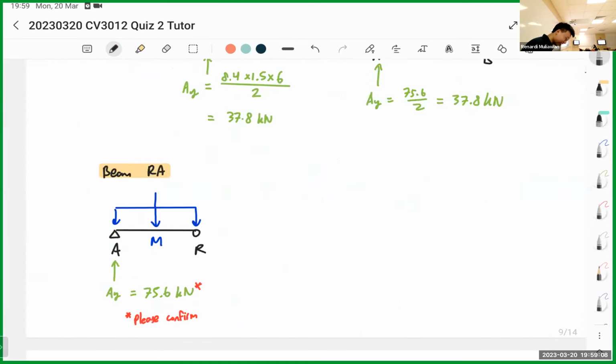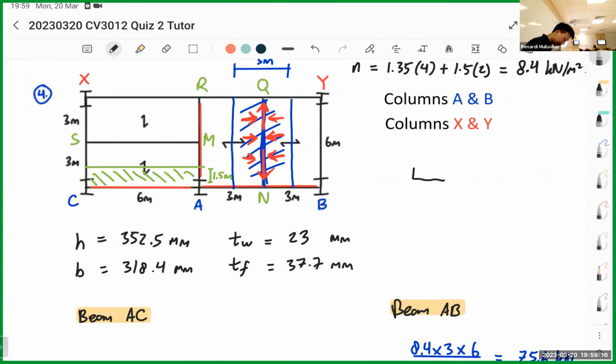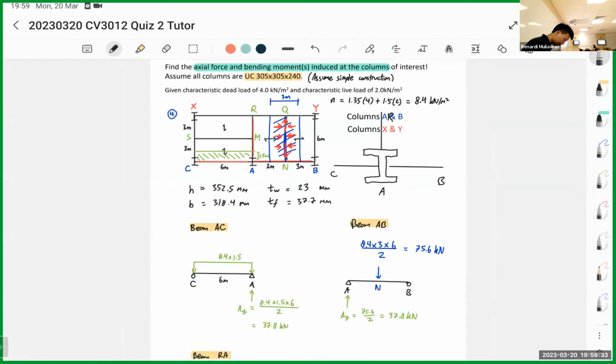Shoot. Okay. So if you notice, right, this is column A, column A. So if you notice, its shape is like this, right? So one is connected by beam AC. So this is AC. This is AB, right? Something like this. And there's one more which is going up, which is AR. I'm going to make this smaller.